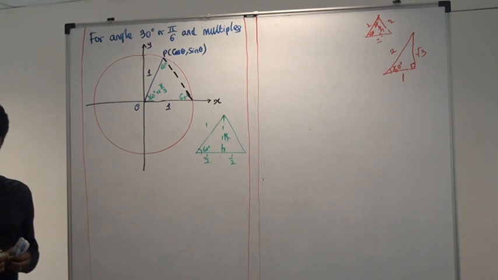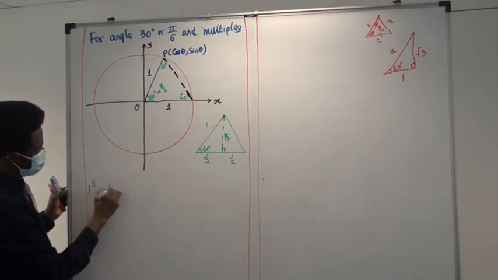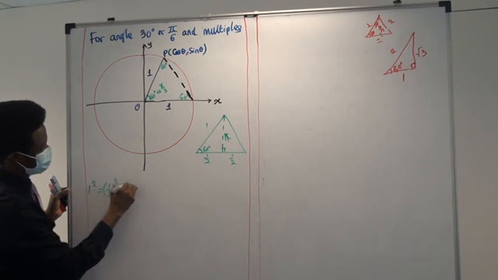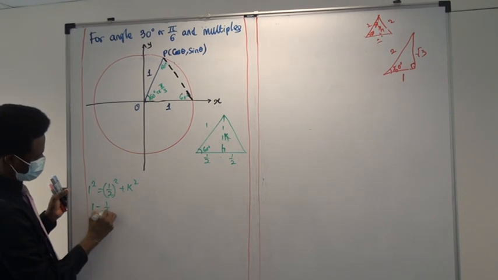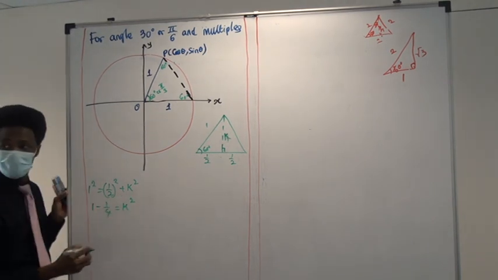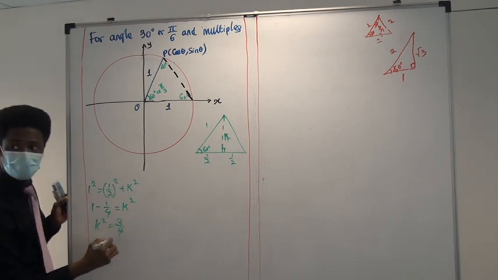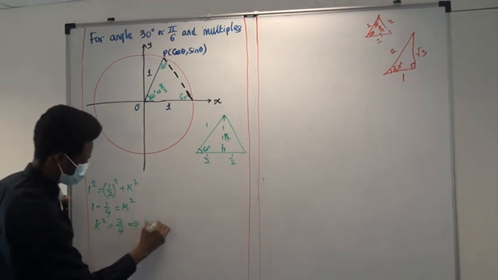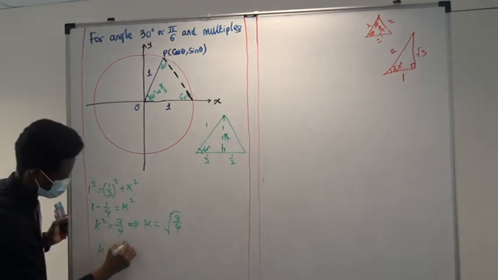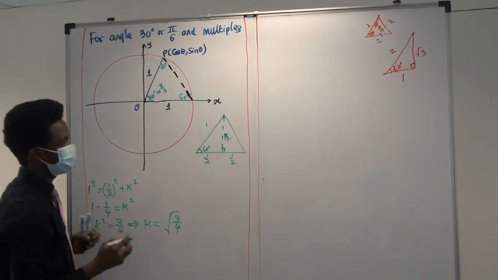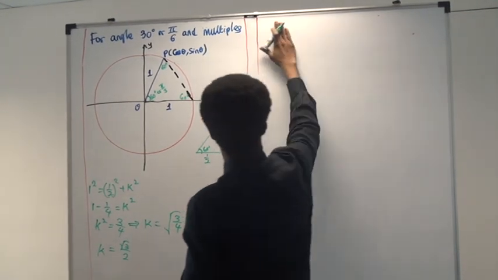So by Pythagoras theorem, 1 squared equals 1 over 2 squared plus k squared. Such that 1 minus 1 over 4 is equal to k squared. Then k squared is equal to 3 over 4. And k will be the square root of 3 over 4, which means k is equal to root 3 over 2.